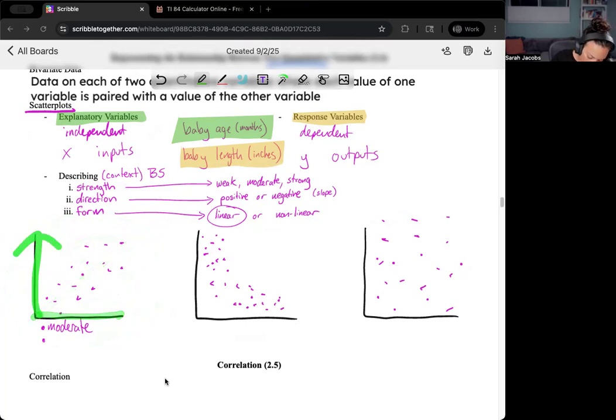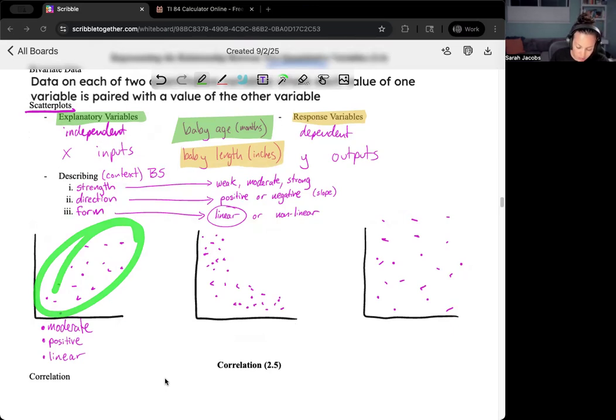So the slope here is going to be positive, or the direction is going to be positive. And then I can see a place where a line could go. And so we're going to call that linear. It's linear enough. Okay. So moderately strong, positive linear relationship between whatever the x value is and whatever the y value is.